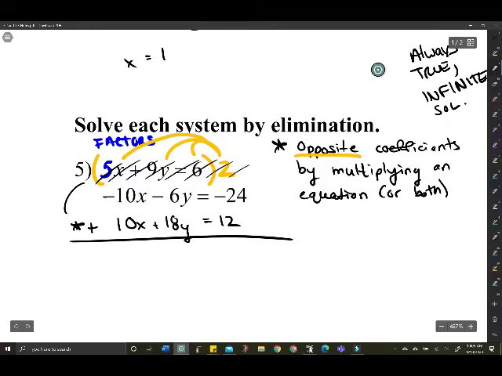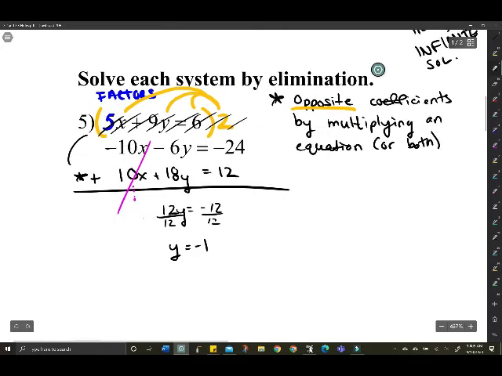Now, it's called the elimination method because the negative 10 and the 10 become 0, they terminate. Negative 6 and 18 is going to give us 12. And then don't forget to add these numbers at the end. Negative 24 and 12 is negative 12, and that's a y. Dividing by 12 means y equals negative 1.